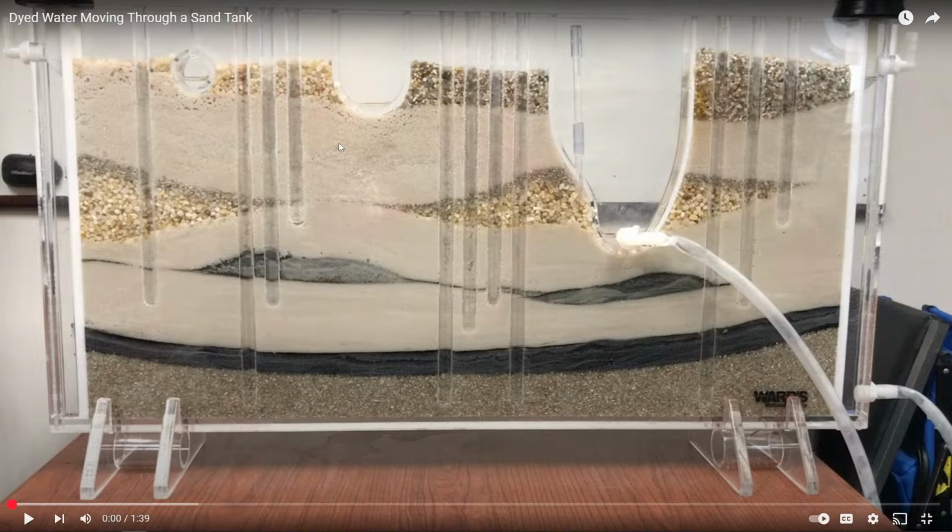So here, for example, if we injected some dye here, my intuitive understanding is based on the head. You look at the head and then you determine where the flow direction is. The flow direction is from high to low head.